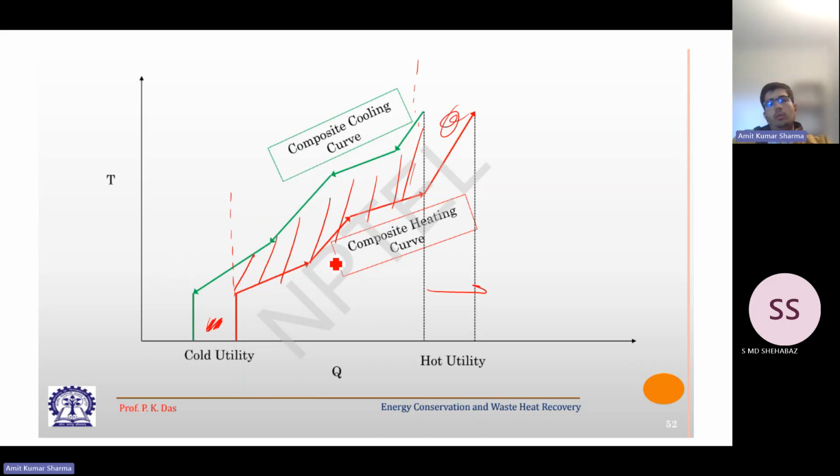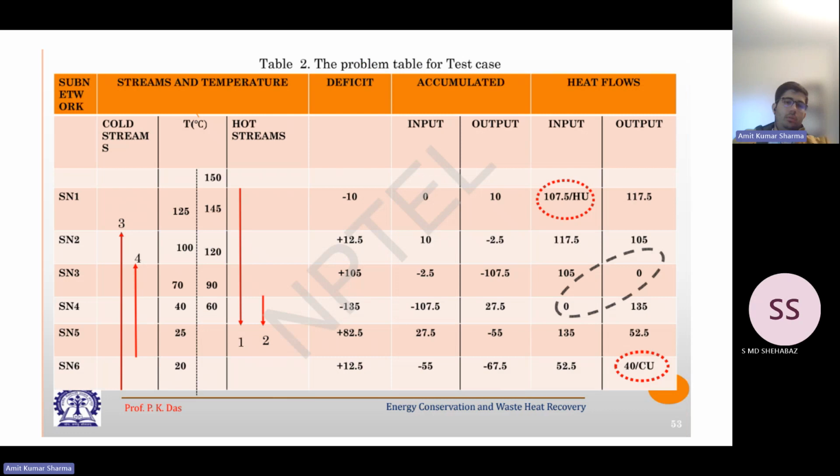So this is the hot utility and this is the cold utility. Now all the conditions are satisfied. So now you have to calculate. As we have also discussed, we have to maintain the delta T of 20 degrees centigrade.